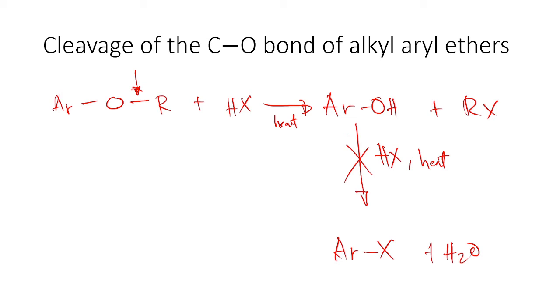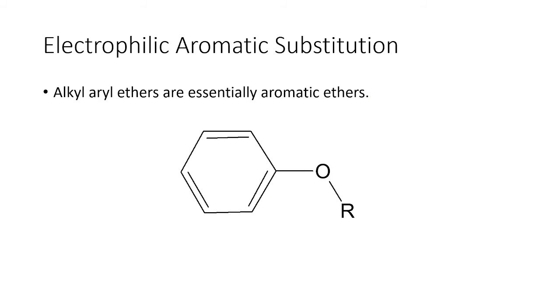And so in that, let me introduce, actually remind you regarding another reaction, wherein we will be talking about electrophilic aromatic substitution. So, alkyl aryl ethers are essentially aromatic ethers. Being an aromatic group, it can actually undergo what we call electrophilic aromatic substitution.